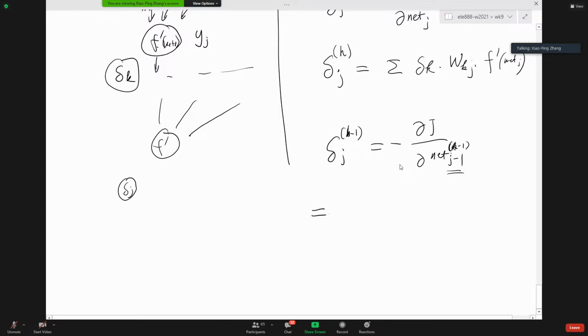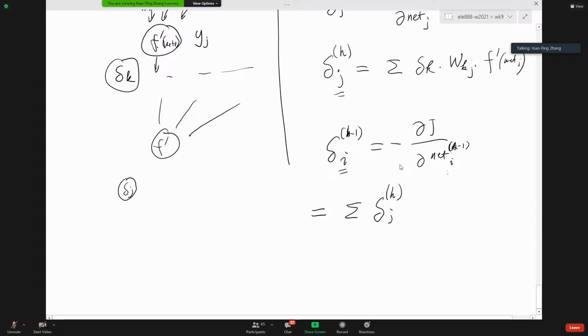That would equal sigma delta JH. Okay, here I think this J is different, so here I should use I. Bear with me, the notation is a little bit complex because this I is not necessarily the same as this J, right? Because this is at the H minus 1 layer, this is at the H layer.